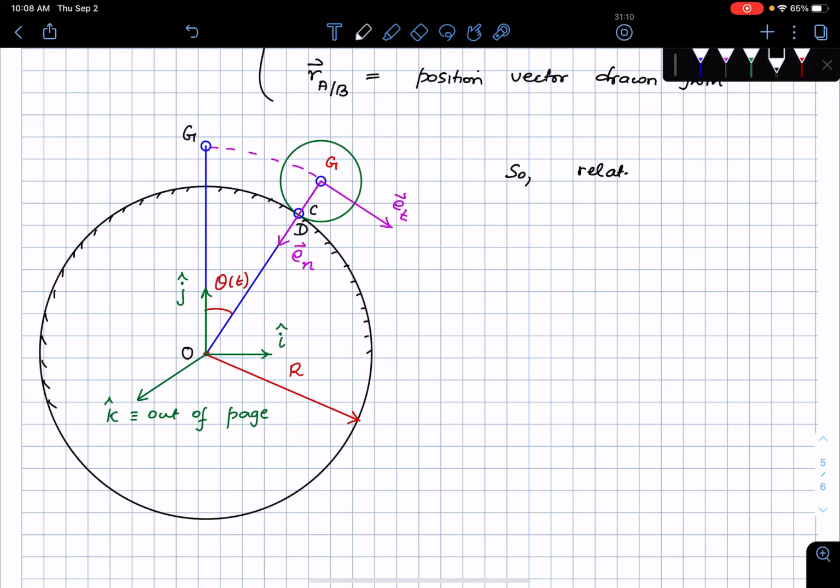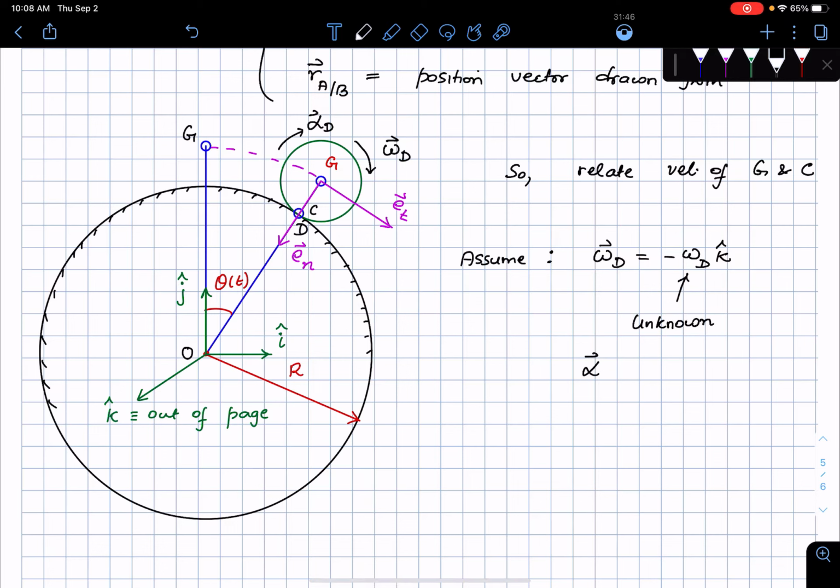So, relate the velocity of G and C, and I'm going to say that the disk is rotating with an angular velocity omega disk drawn this way and an angular acceleration alpha disk drawn this way. I'm just assuming it. I don't know at this point in time if this is right or not. Omega of the disk is some unknown magnitude in the k hat direction. It's rotating clockwise. So this is unknown.